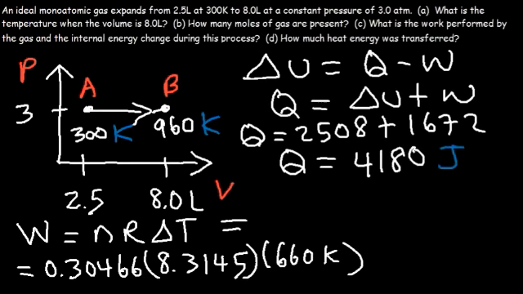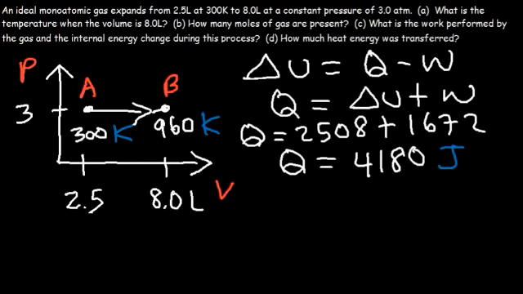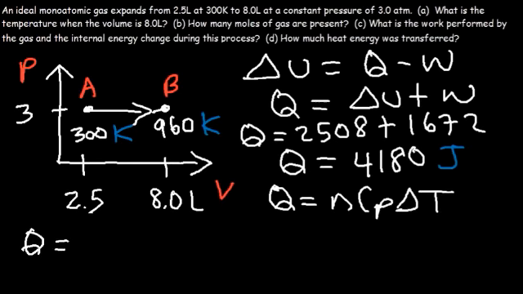Now, this is not the only way in which we can get this answer. We can also get it using other equations as well. You can use this equation, Q is equal to n Cp delta T. So n is still 0.30466.